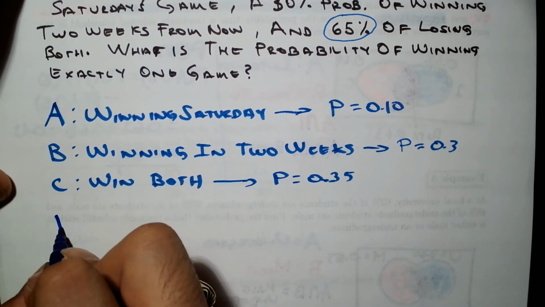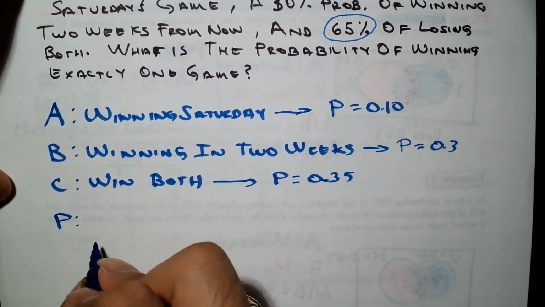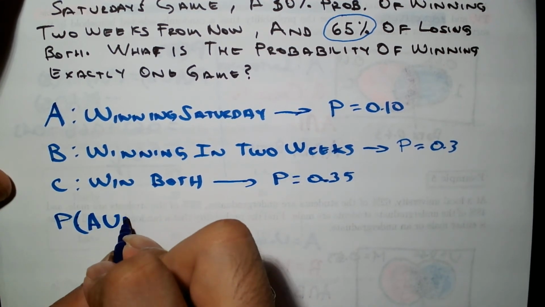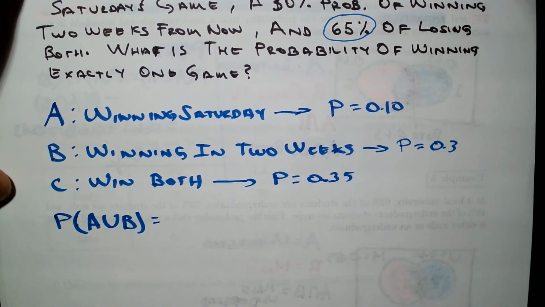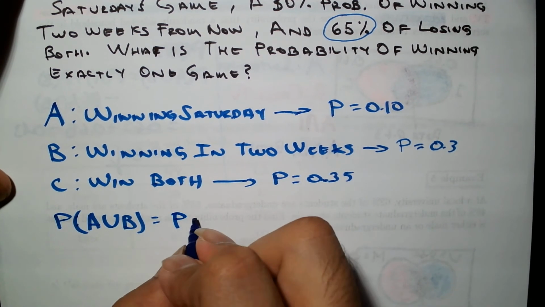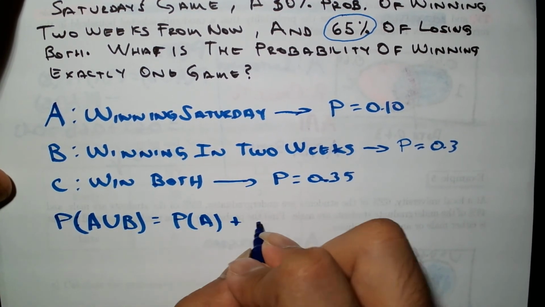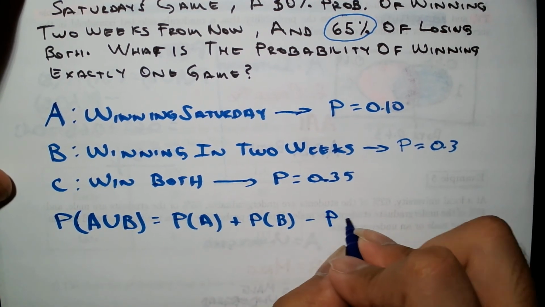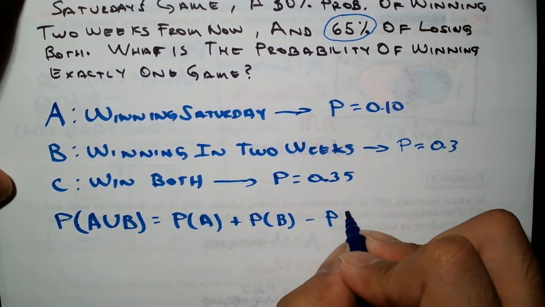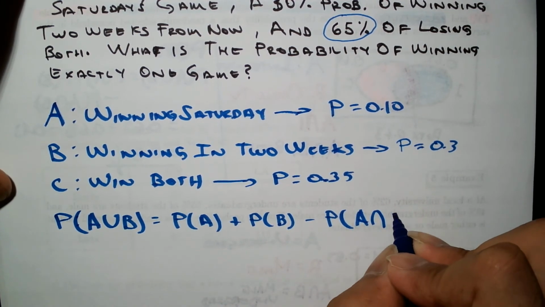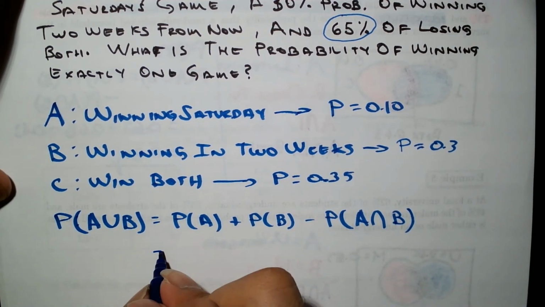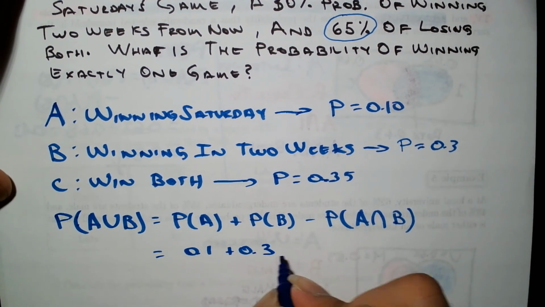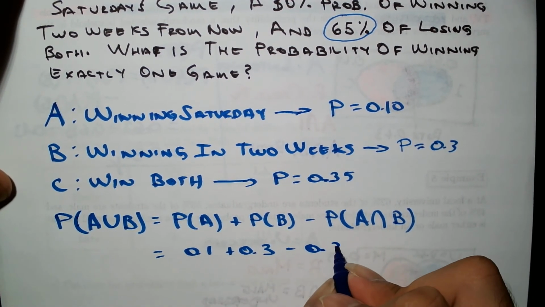So the probability of either A or B equals the probability of A plus the probability of B minus the intersection. In this case, just put the numbers: 0.1 plus 0.3 minus 0.35.